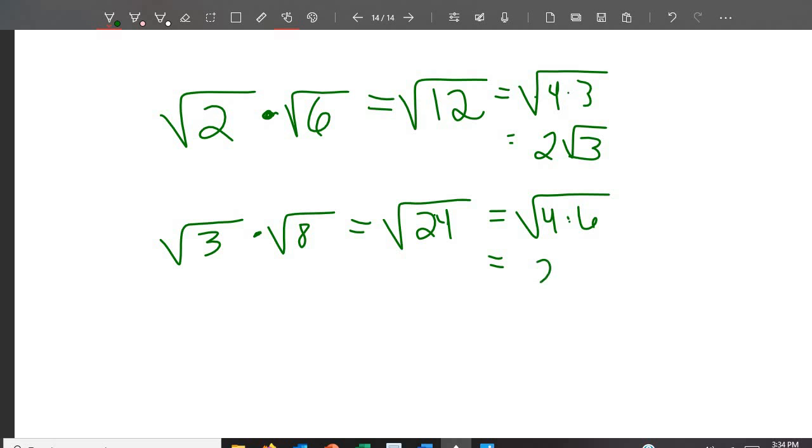Then we take the square root of the 4 and leave the 6 alone. So if you're asked to simplify and you've got a root times another root, as long as they're the same roots, you can multiply them together and simplify. But, I mean, make sure we understand this. Have to have the same index.